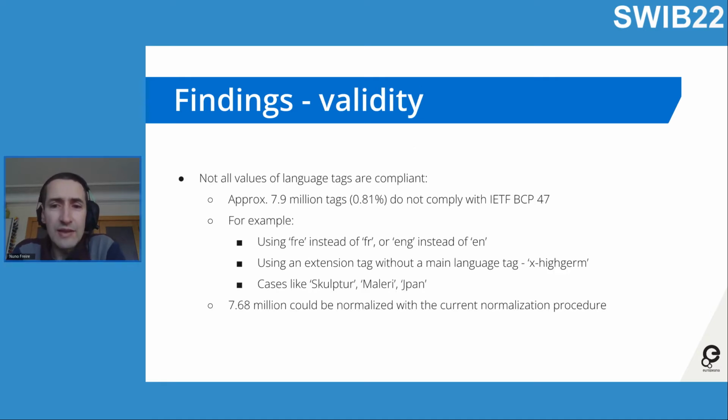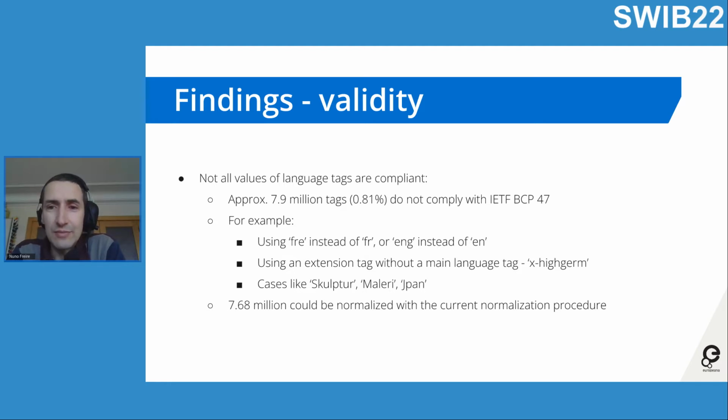In terms of compliance, we found around 7.8 million tags, which is less than 1%, which are not compliant with BCP 47. These cases are usually related with use of three-letter codes for languages instead of the two-letter code, or using an extension without the main language tag.